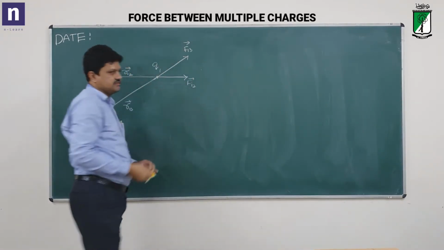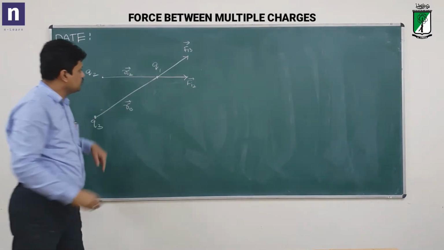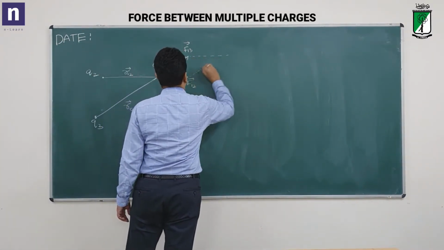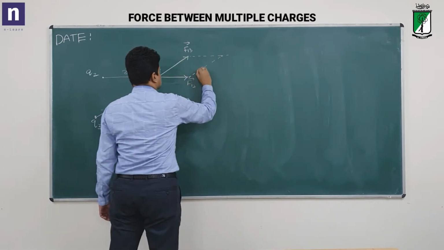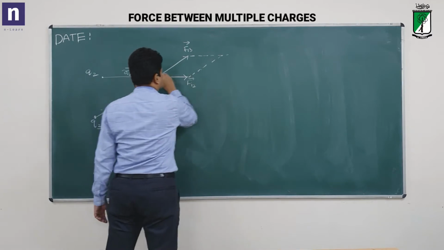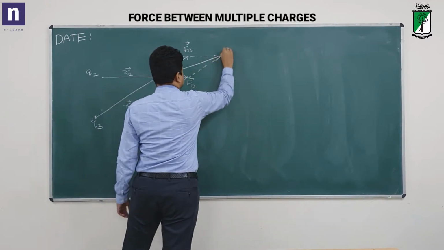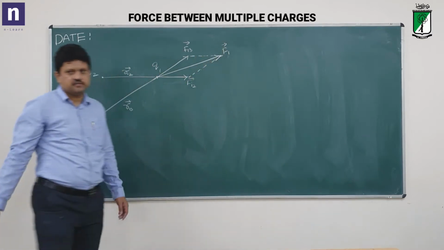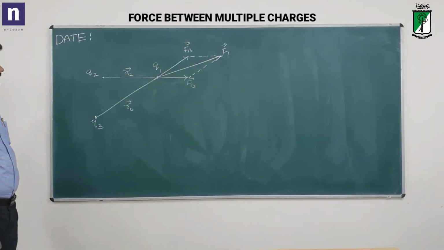This is F12, that is F13. Then what will be the net force on Q1? Simple. Just use the parallelogram law of vector addition. So if I consider an imaginary parallelogram here, this becomes the net force on charge 1, the net force on Q1.